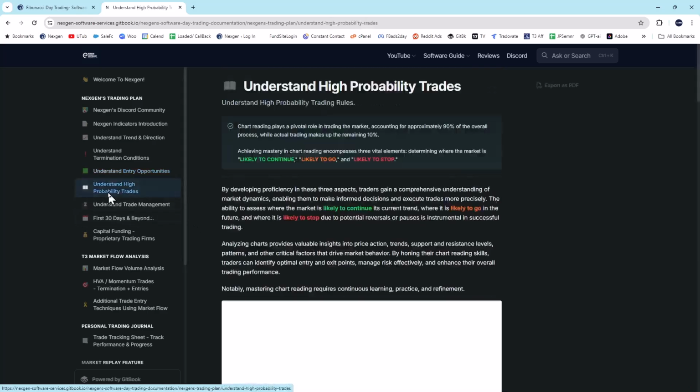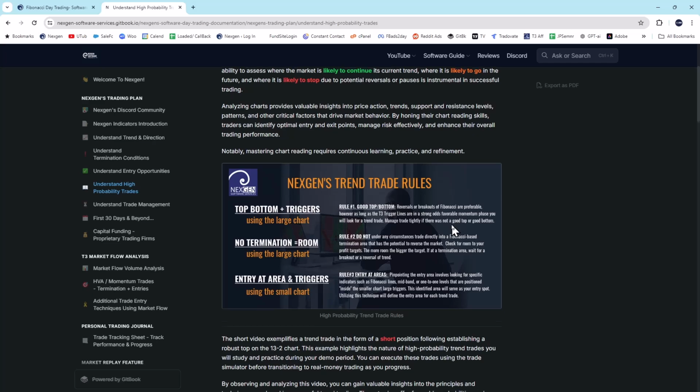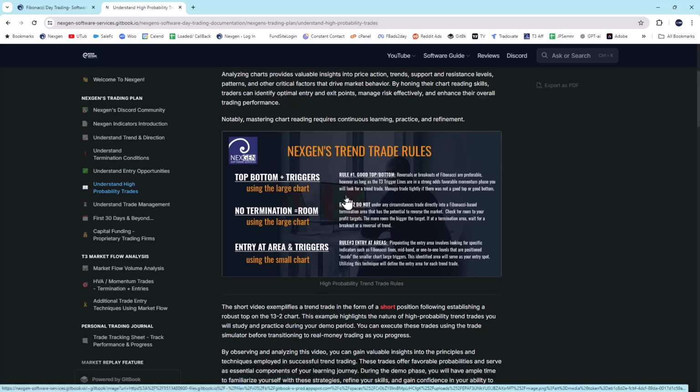When we talk about high probability trades, we talk about trend trade rules, strong triggers, good tops or bottoms from fibs, making sure you have room to your Fibonacci resistance before you get into a trade, and then buying or selling a pullback.